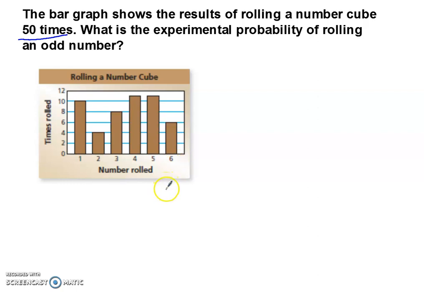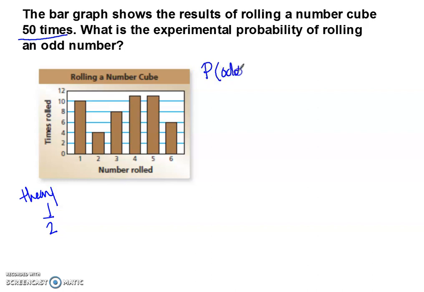Now, if we talked about the theoretical probability, we know how to do that. There are 3 odd numbers out of 6 total. So there's 1/2 probability in theory that you'll roll an odd number. So it's about a 50-50 chance that you'll roll an odd. But let's talk about experimental.